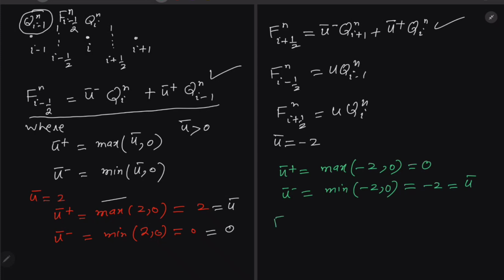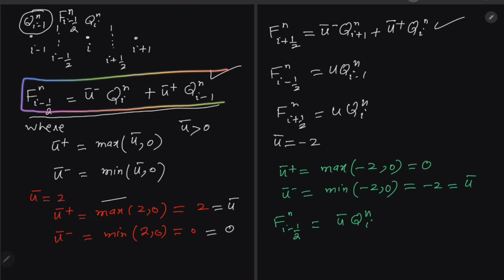So fn I minus 1 half will be u bar Qn I, from putting the value over here. Now we put the value over here as well. So we have fn I plus 1 half.